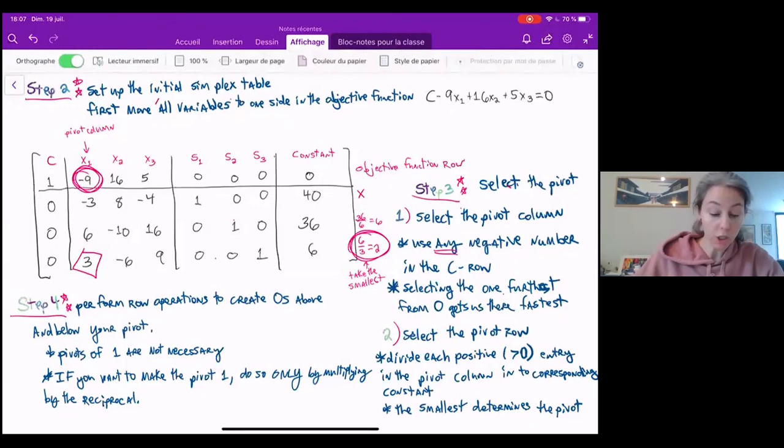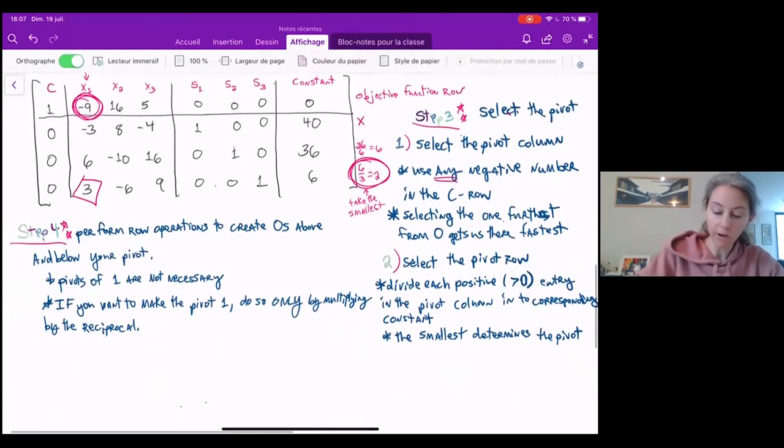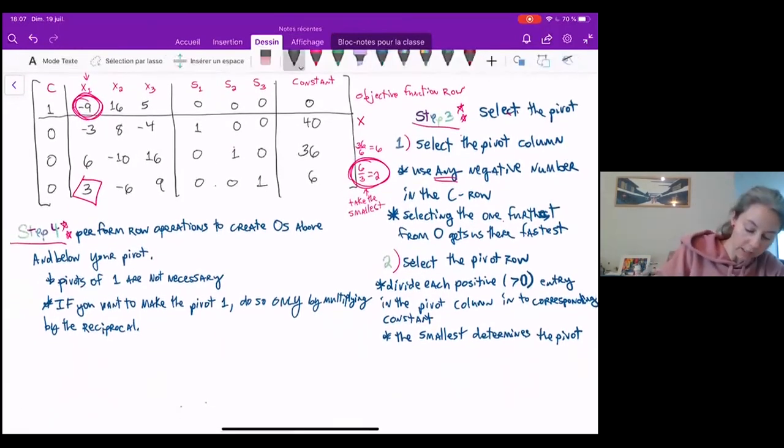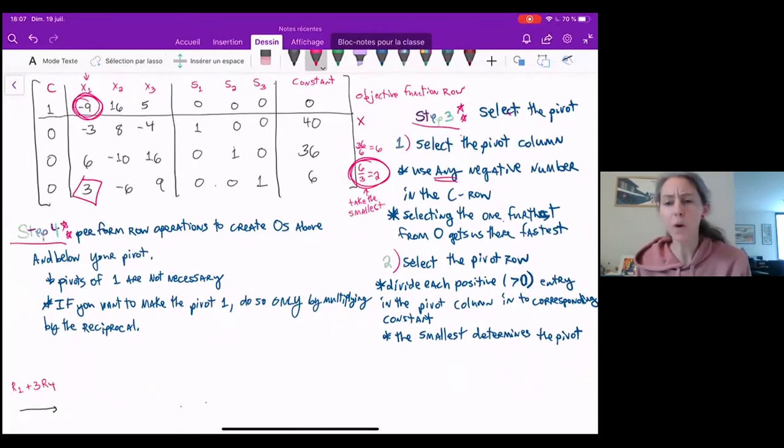So we're just going to do row operations in the same way we would have done them before to create zeros. So I will do row 1 plus 3 times row 4. And here you want to be really careful. That line right there often can be confusing, making you think that the 3 that's our pivot is in row 3. It's row 4. Even though it's above a line, the objective function row still counts as a row.